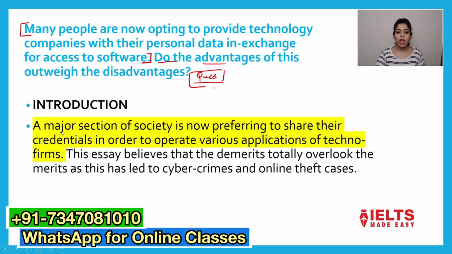And here I have used a major section of society. Many here, so a major section or majority of people, a major section of society. We are talking about a section, that's why I have used "is".